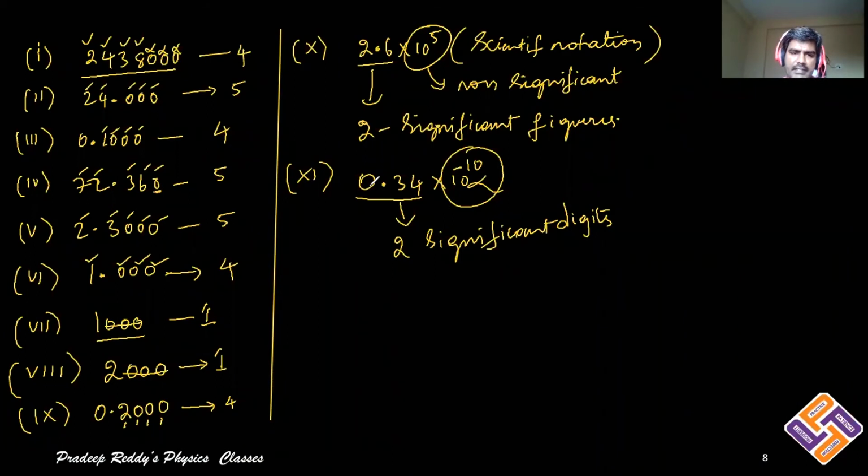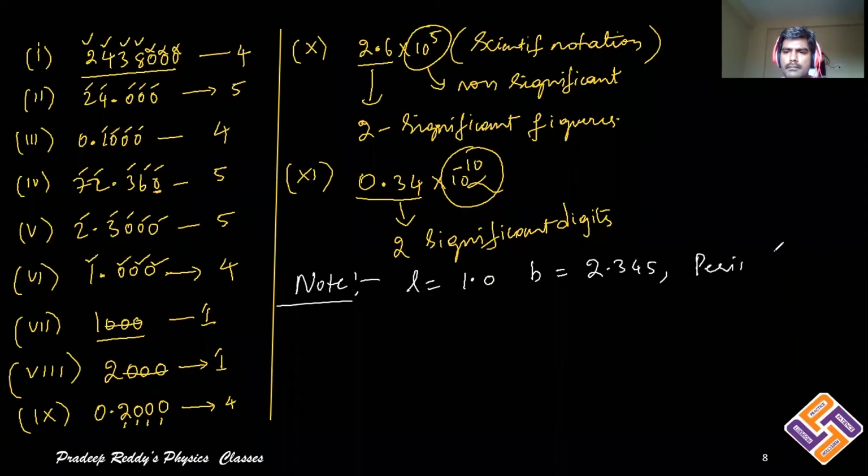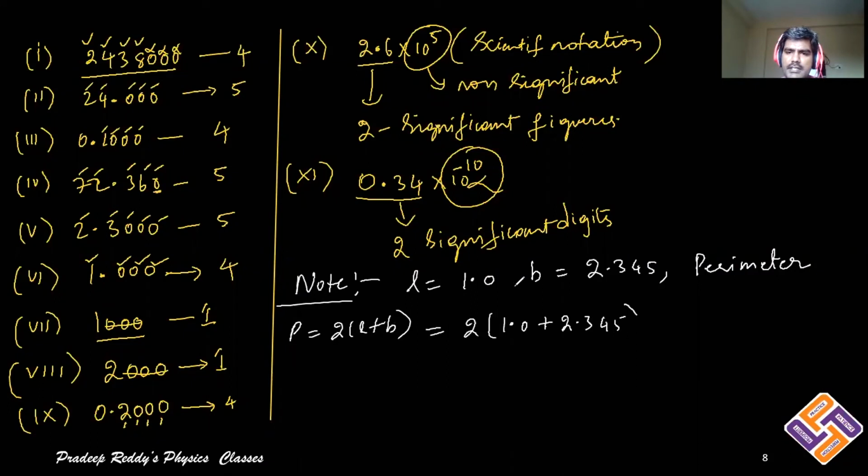Okay. Next, when you are dealing with these, you should make a note that suppose you have L equal to 1.0 and B equal to 2.345. You are supposed to find the perimeter. What is the formula for perimeter? Perimeter is 2 into L plus B. If you add this, what do you get? L is 1.0 plus 2.345, this is in meter and this is in meter obviously, and this will be in meter.